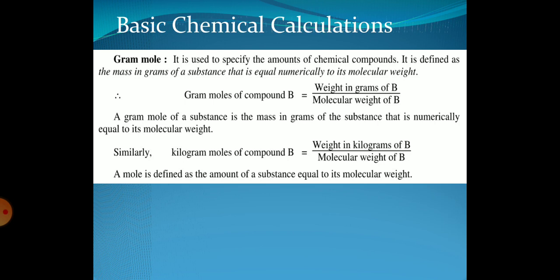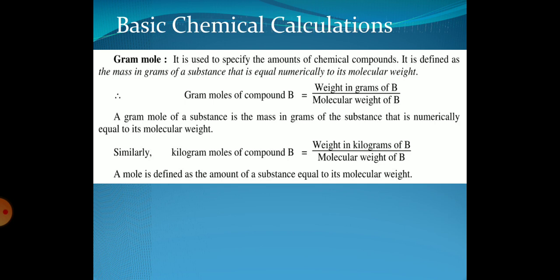Similarly, a gram mole of a substance is the mass in grams of a substance that is numerically equal to its molecular weight. That's why 1 gram mole of NaOH is equal to 40 grams of NaOH.